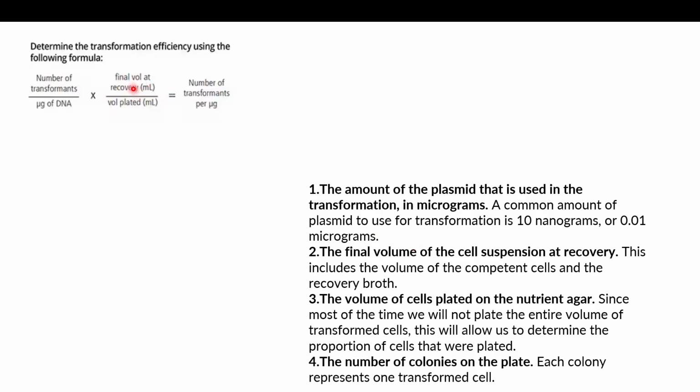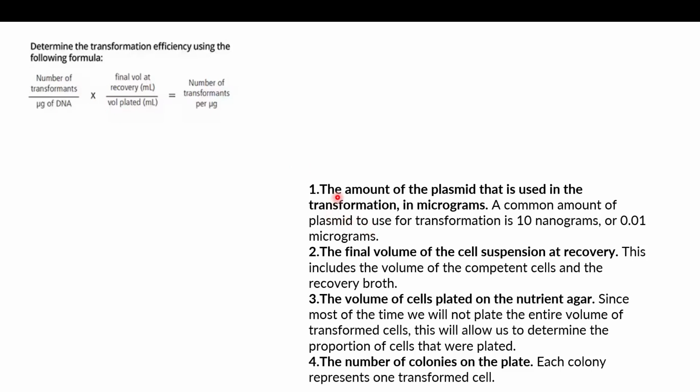Suppose 1 ml, and then how much did you take out of the final recovery volume and plate on the agar plate? That will eventually give you the transformation efficiency, denoted by the number of transformants, basically the number of bacterial colonies per microgram of plasmid DNA.